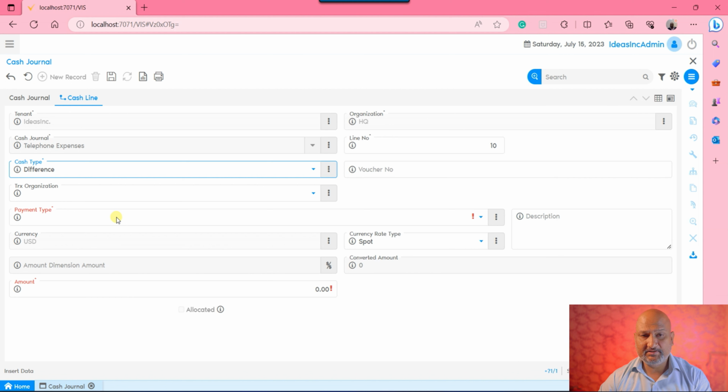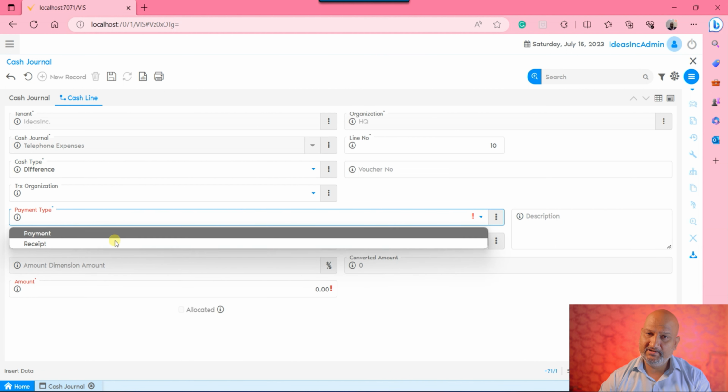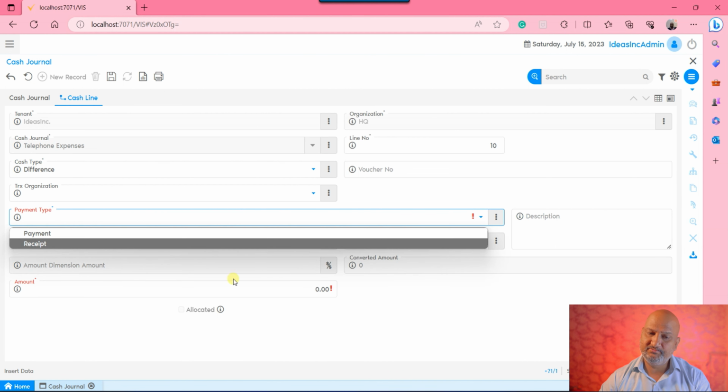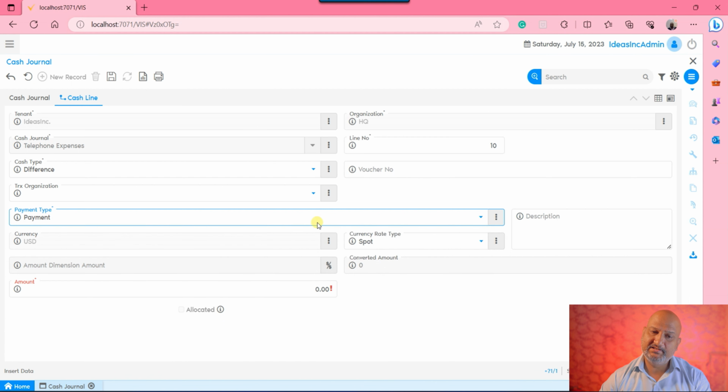Then in such a case I would be able to enter my differences, and these differences can be either on the positive end or on the negative end. So both ends would be there. If it is a payment, it means there are negative values and a reduction in the cash. If it is a receipt, then it is going to be an increase in the value, and the cash is going to be increased.